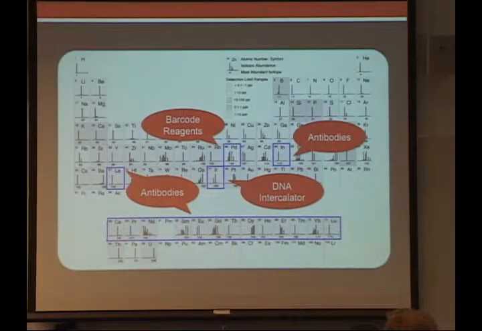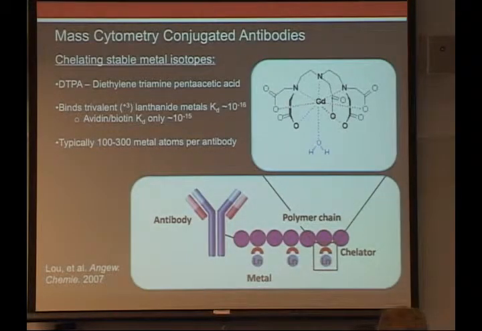These are really the elements we'll be focusing on in terms of antibody conjugation, largely because they all form trivalent salts, which are easily conjugated through the chemistry that's been developed by the folks at DVS, which is the company, as you know, that has developed the mass cytometry platform.